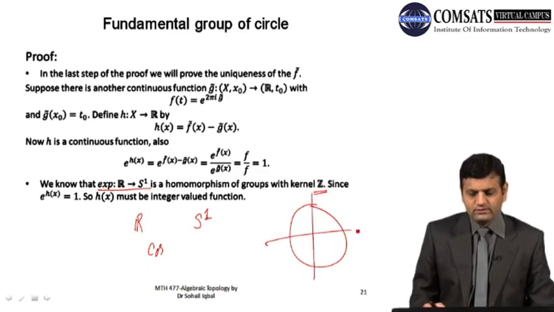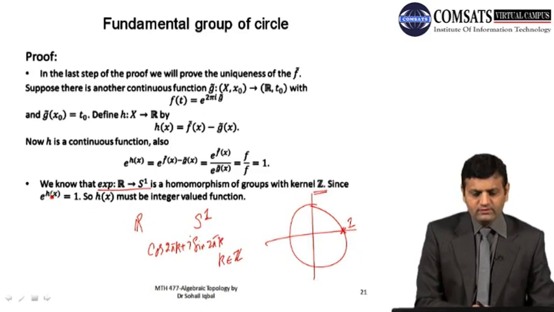For example, take cosine 2 pi plus iota sine 2 pi, then we are going to get just this point. Similarly, take any integer k and you are going to get this point 1.